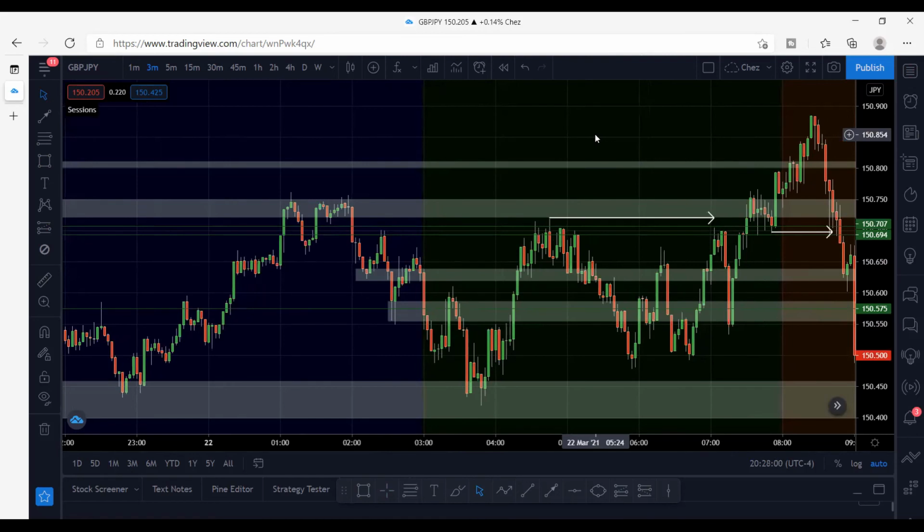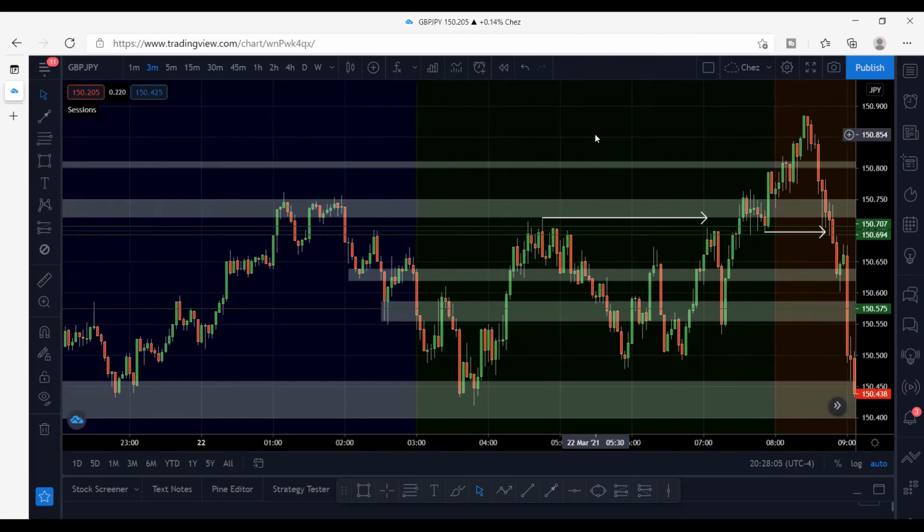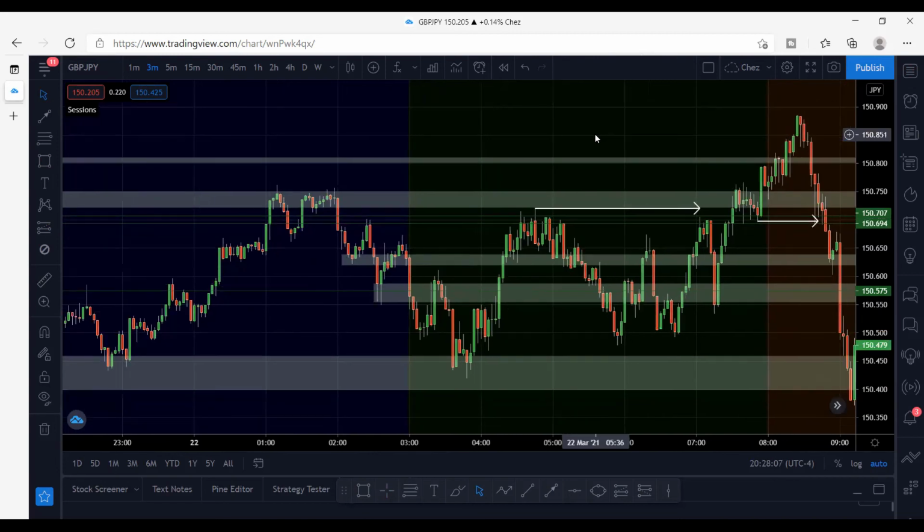Okay. So clearly now price is on a downward trend. What we learned here, if you want to keep a journal, is that sometimes price kind of fakes you out at the beginning of the session to make a move downwards.